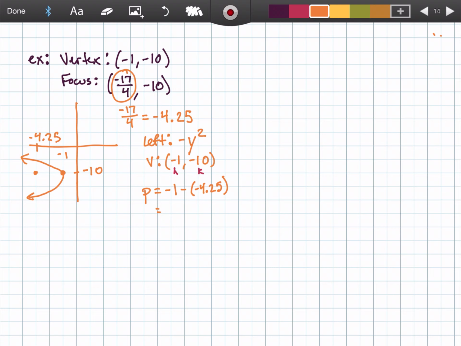That's -1 plus 4.25, and I believe we get positive 3.25. Which means that 4p, which is what we need for our equation, is going to be 13. So here's the general equation that I'm going to be looking at. Let's see, y is being squared, so x is over here.